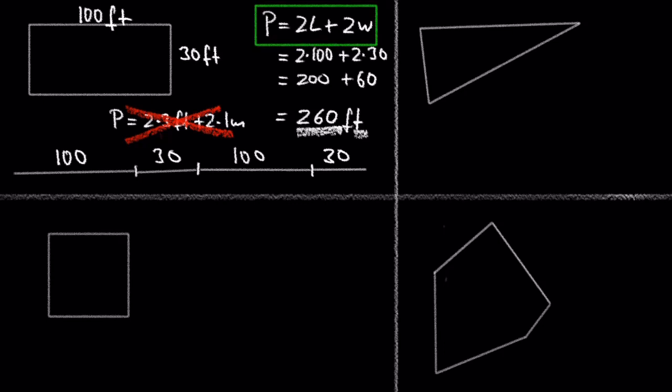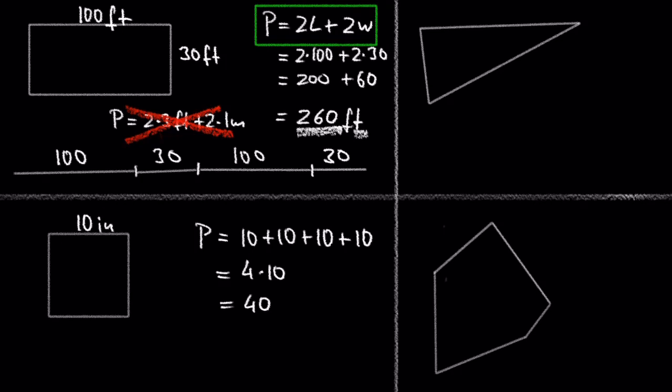Let's look at the square where the side has a length of 10 inches. As we know, a square is a rectangle in which each side has the same length. So the perimeter of this square is 10 plus 10 plus 10 plus 10, or just 4 times 10, which is 40.